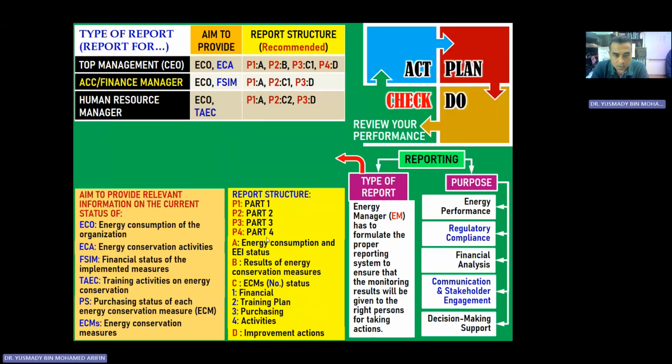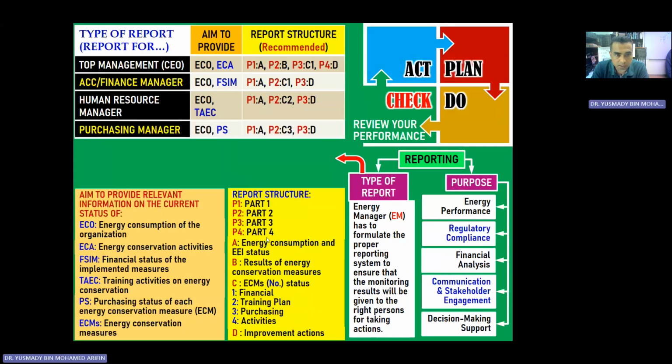Part number 1 refers to A, energy consumption and also EEI status. Part number 2 refers to the content in terms of energy conservation measures based on training plan status. And part number 3 involves D, which is improvement action.